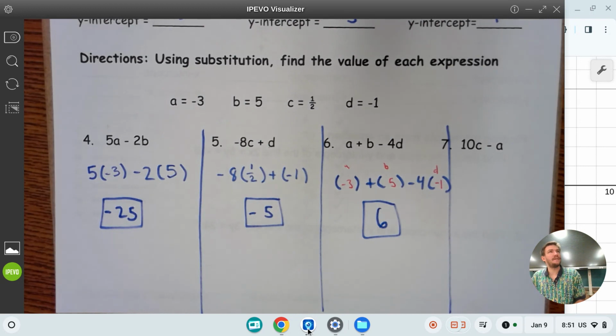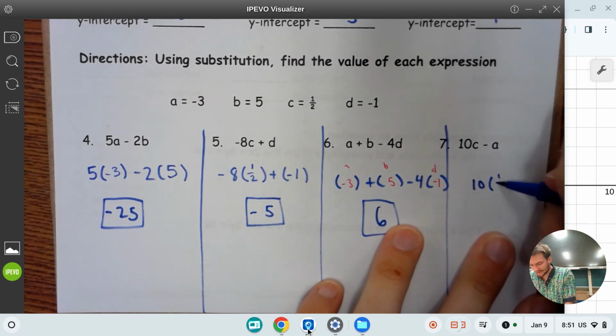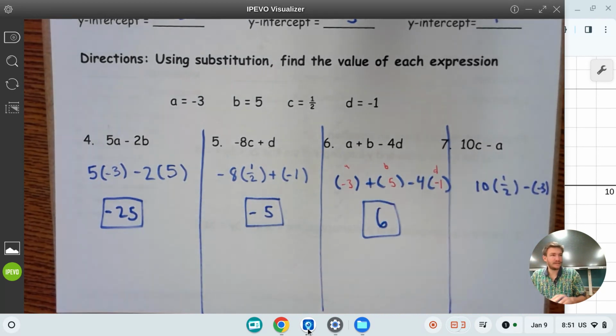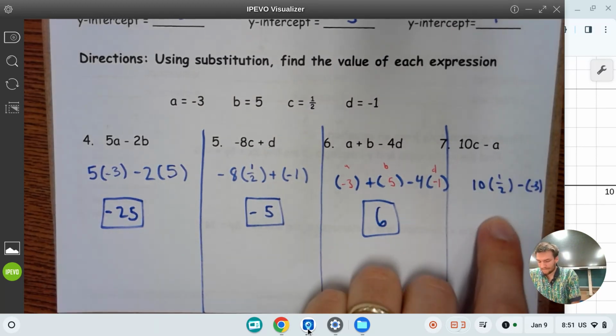So this question, 10 times C, which is 1/2, minus A, and A is -3, and we type that in Desmos. That is going to be 8.